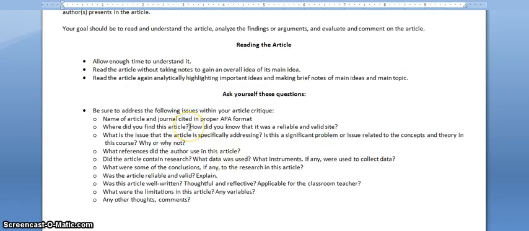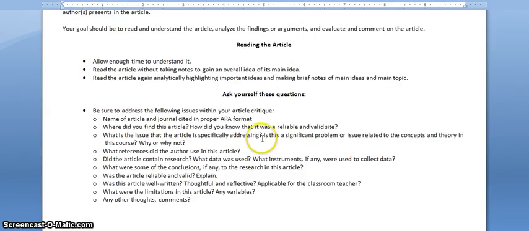Did you find it in EBSCOhost? Did you find it in the online library? In Galileo? How did you find it? And how do you know that it's a reliable and valid site? Well, if we go through the library and use one of the main search engines like EBSCOhost, we know that is definitely reliable and valid.